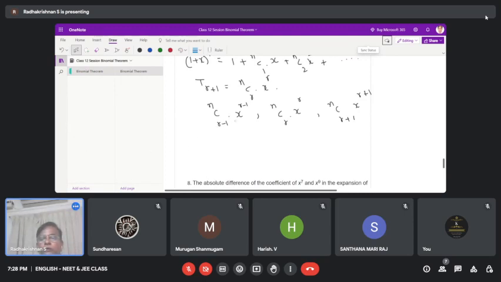So now, it is given that this is a coefficient, only the coefficient, right?